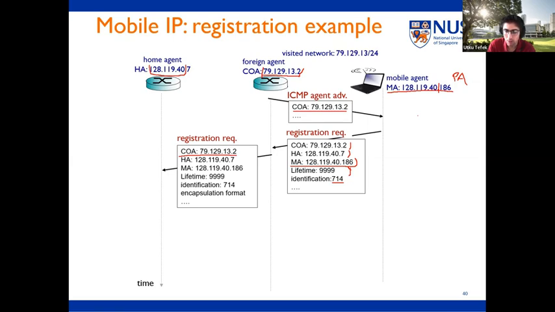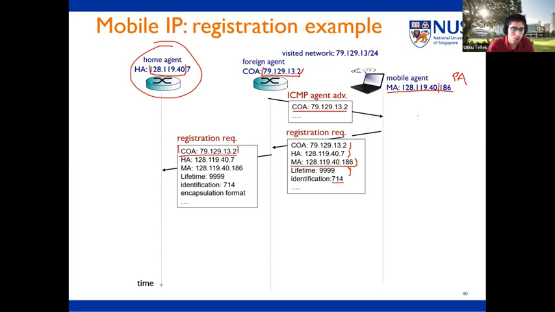The datagrams from there on, datagrams addressing the permanent address of the mobile, will now be encapsulated and tunneled to this care of address by the home agent, assuming this is indirect routing.